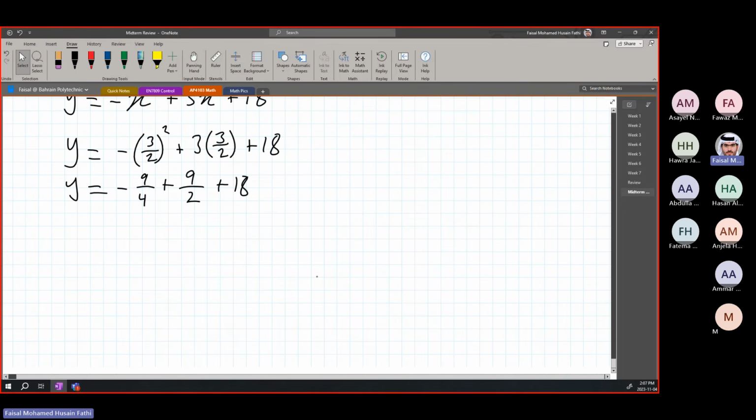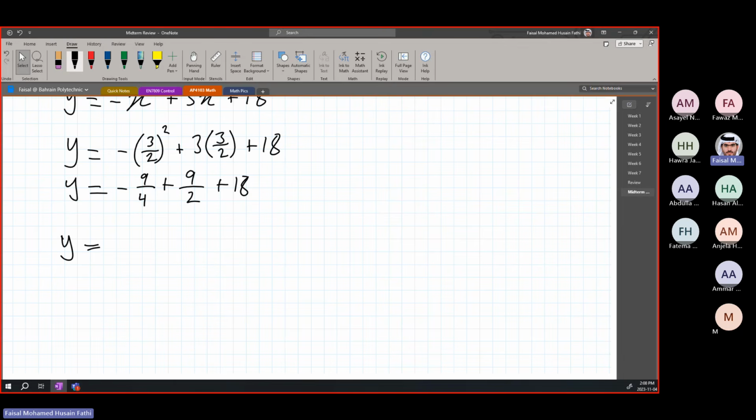If it's confusing, just put this equation all in the calculator and find it. Minus 9 over 4 plus 9 over 2, which is 4.5, plus 18. Answer will be 81 over 4, which is also equal to 20.25.